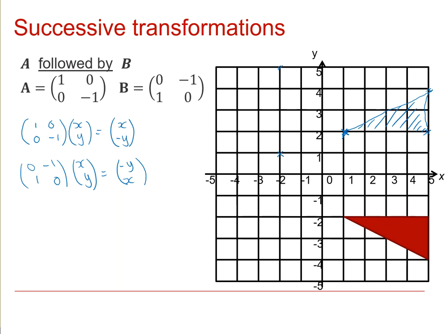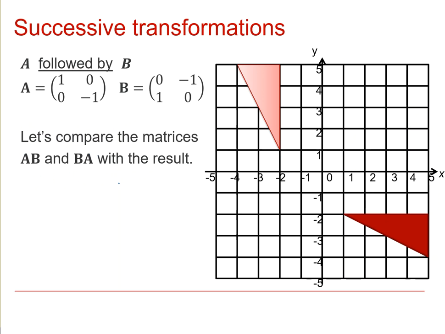And we can follow that through, and we find that the triangle has been rotated 90 degrees anticlockwise about the origin. So there's the result of carrying out A followed by B.